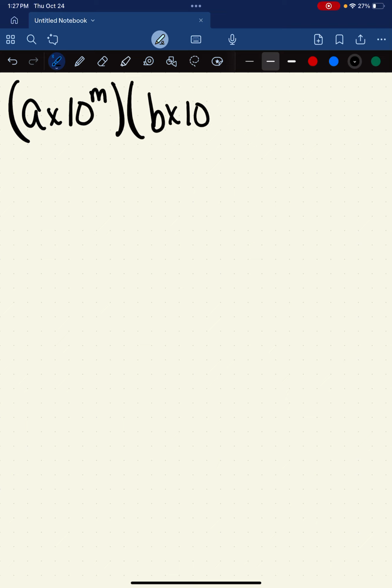Okay. So now let's do some multiplication. In general, a times 10 to the power of m times b times 10 to the power of n. Well, we can use the associativity property. So that's the same thing as a times 10 to the m times b times 10 to the n.